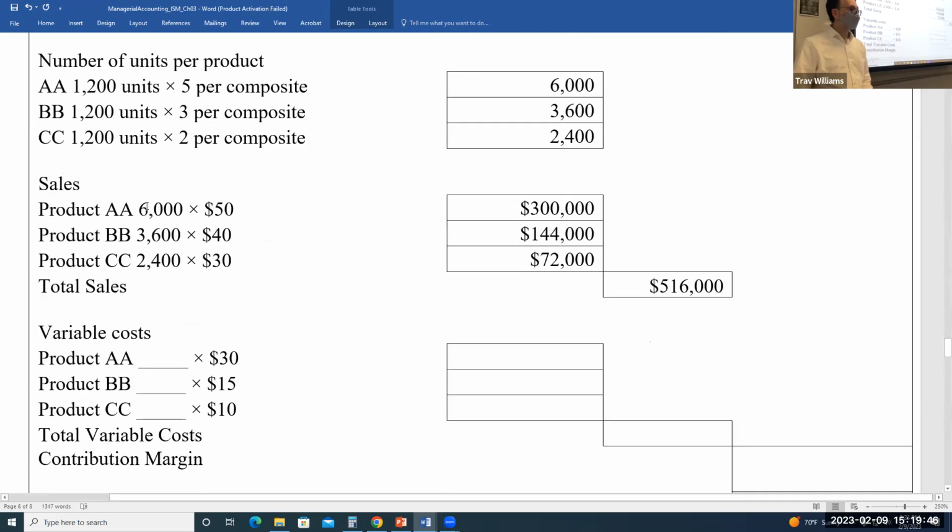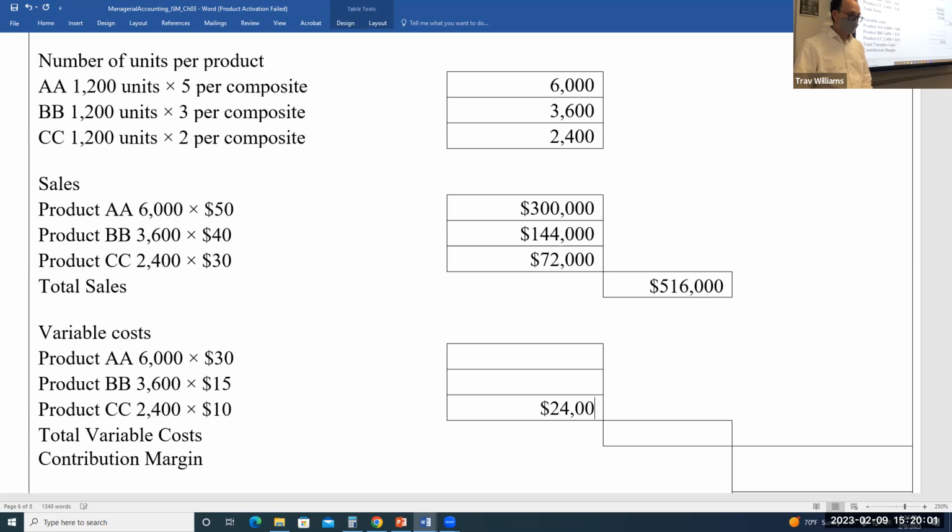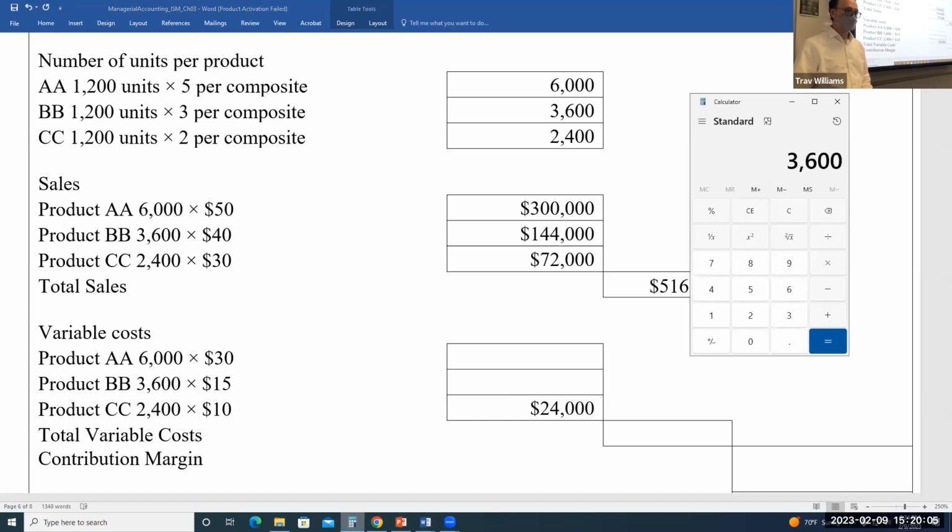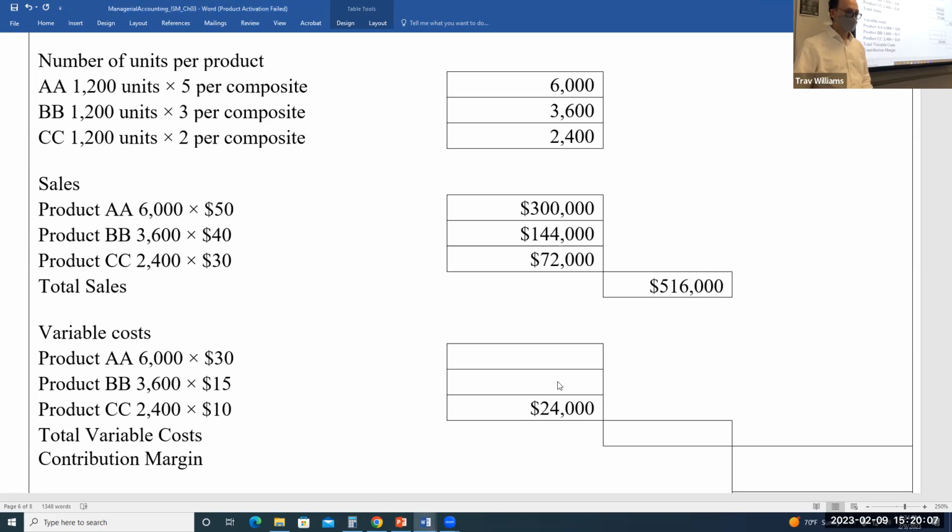For variable costs, it's the same thing. If we're selling 6,000 units of double A, 3,600 of double B, 2,400 of double C, we're going to multiply those by their variable cost per unit.